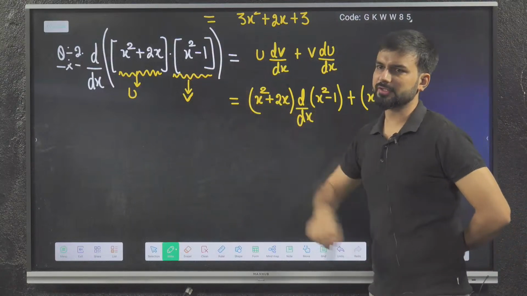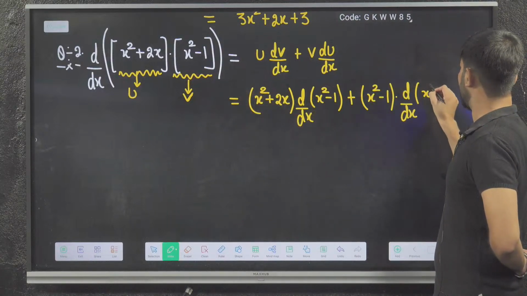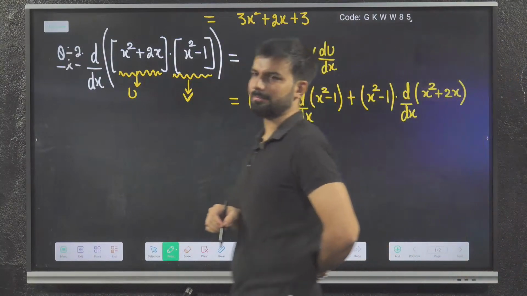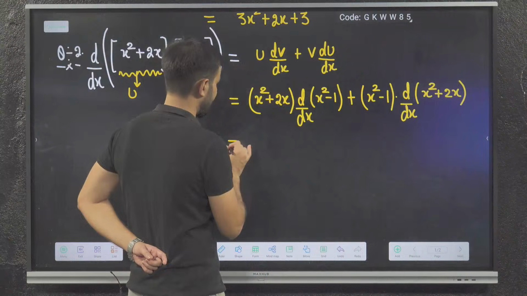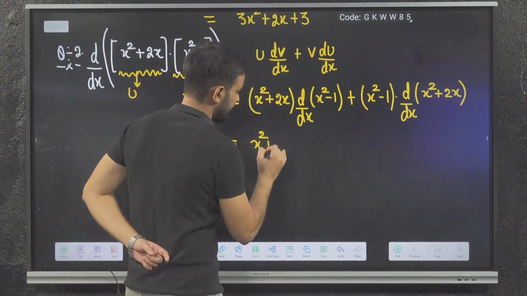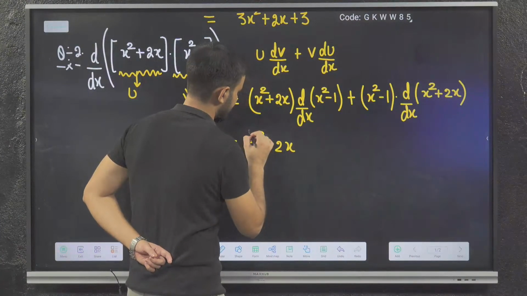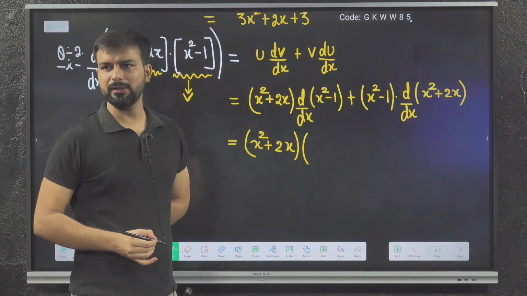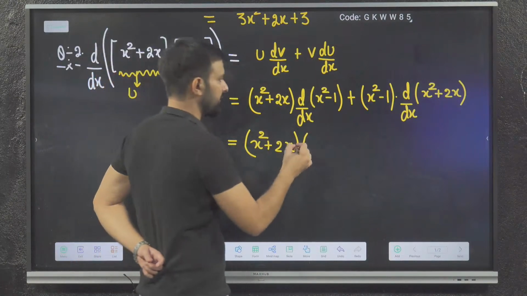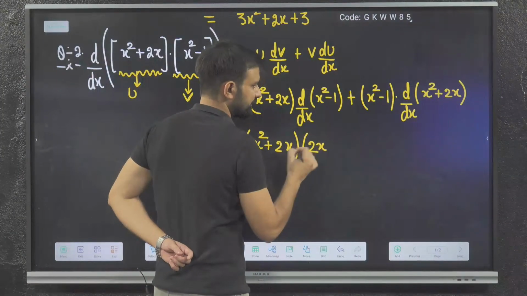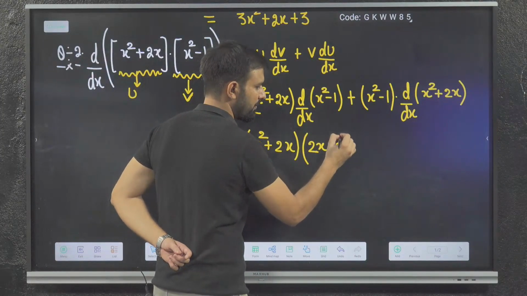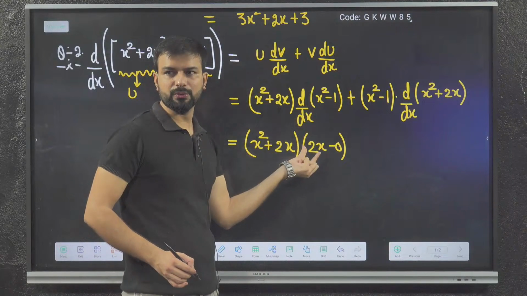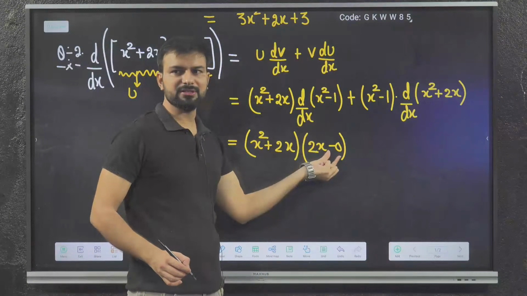What is my first function? x square plus 2x. Then the next step: you have to just solve it now. So x square plus 2x into what is the differentiation of x square minus 1? It will be 2x and minus 0, because 1 is constant. x square differentiation will be 2x, and 1 differentiation will be 0.